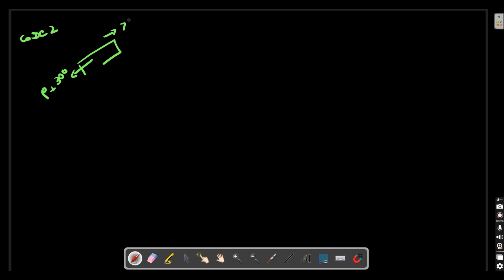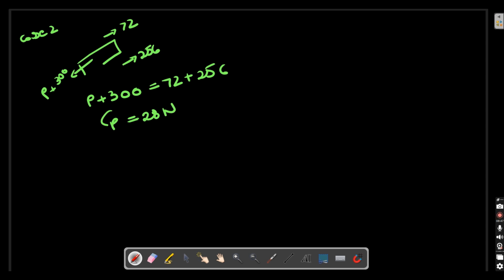Only the middle 50 kg block itself is moving. So P plus 300 is equal to 72 plus 256. So P is equal to 328 minus 300, you get P equal to 28 Newton.